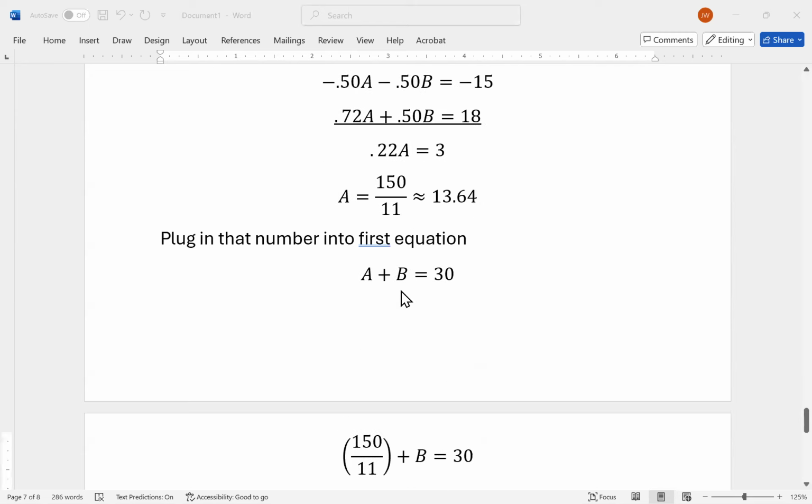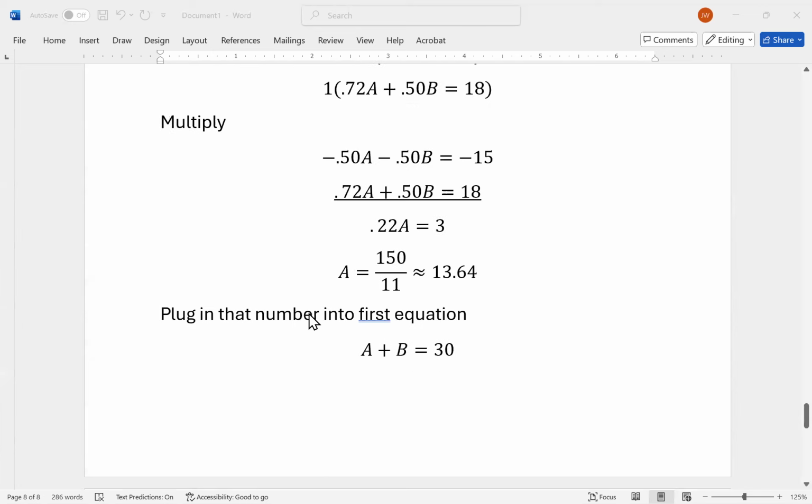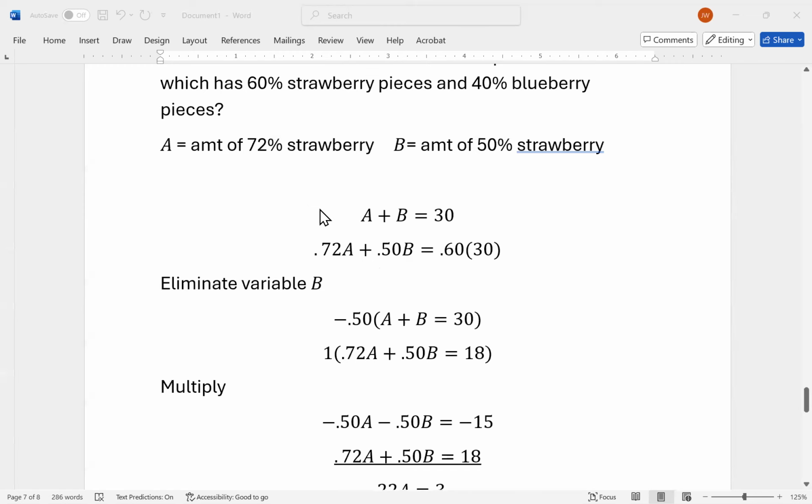Now, in both of these cases that I've done, we've come out to some pretty ugly numbers that are not whole numbers. And that's by design. They're not always going to come out to nice whole numbers every time we try to get an answer. And that's one of the nice things about having these algebraic techniques of elimination and substitution.